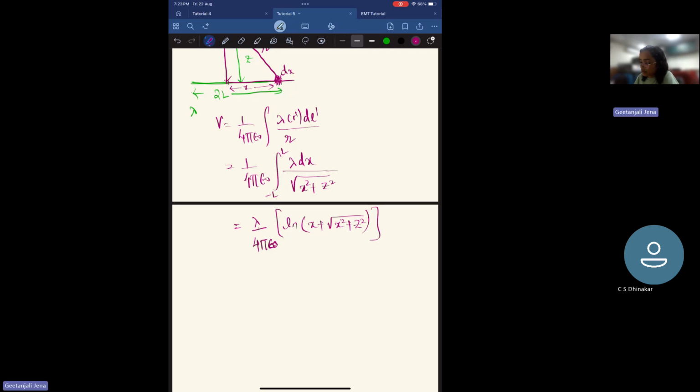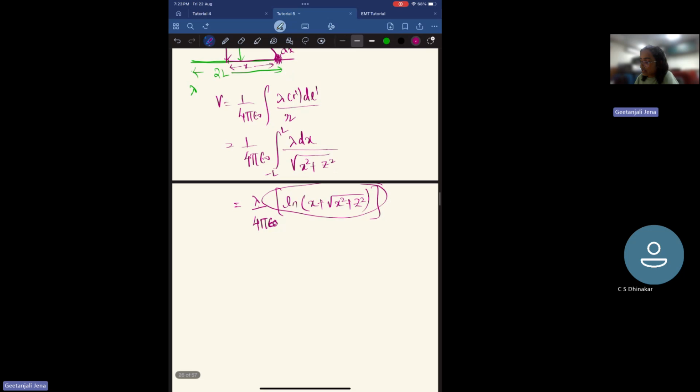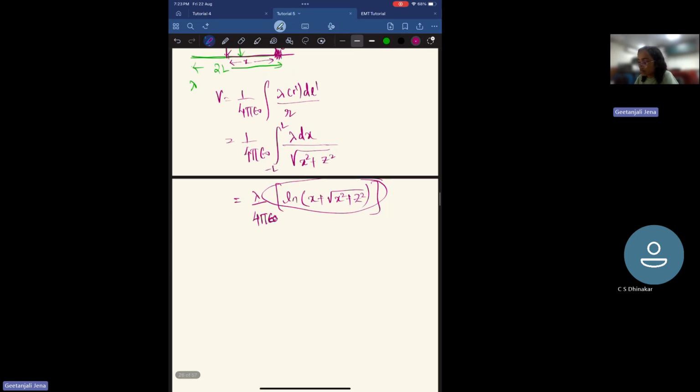Just remember the formula, okay? Instead of finding it using the steps, just recall that 1 by square root of x square plus z square will give ln of x plus square root x square plus z square. So this will save a lot of time.